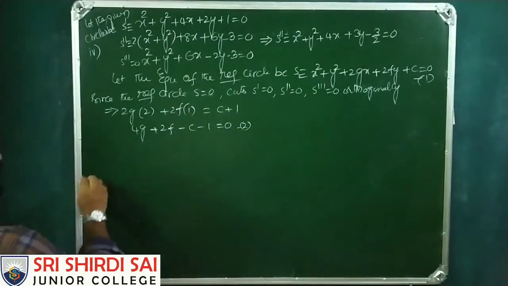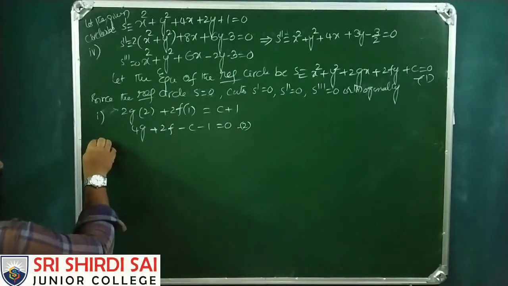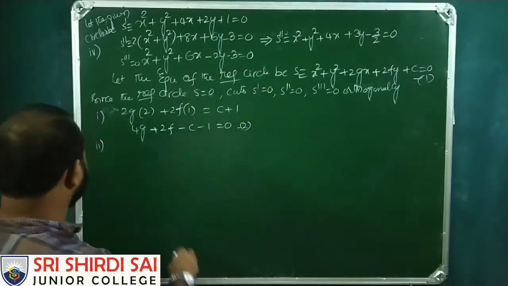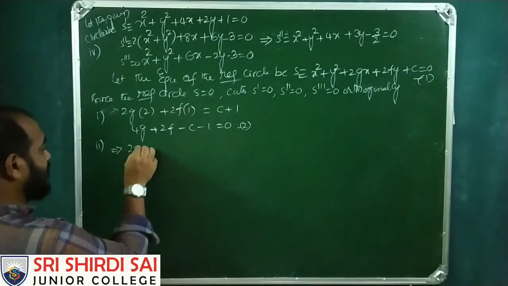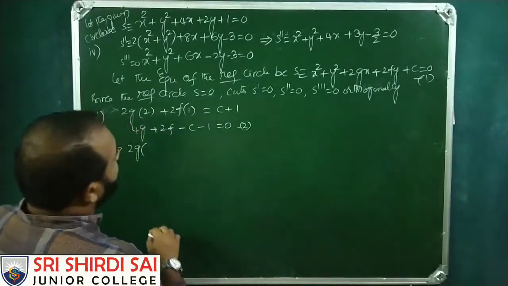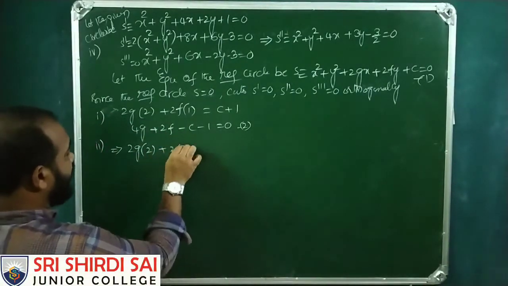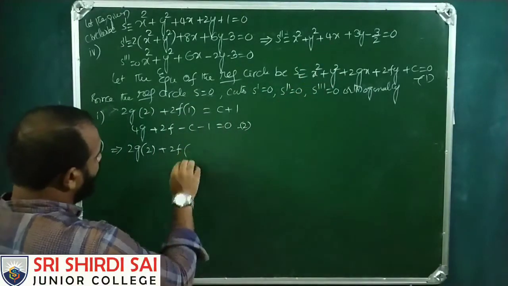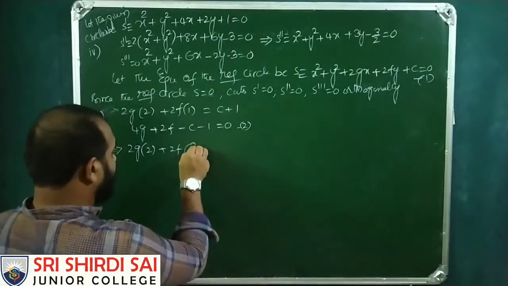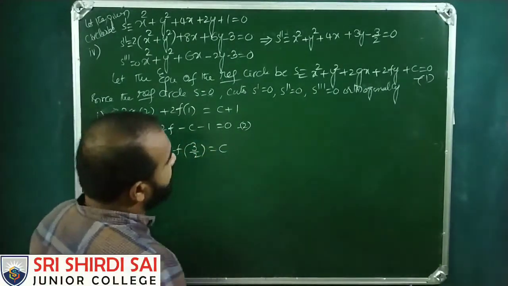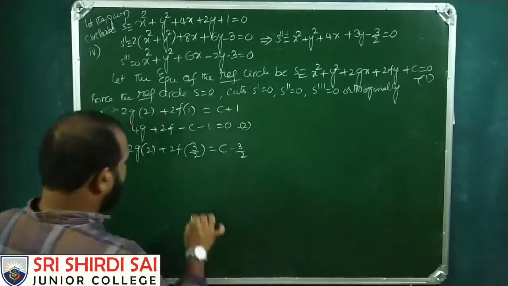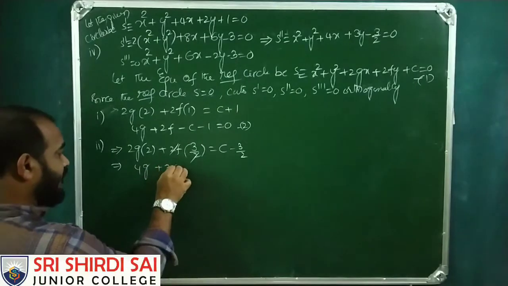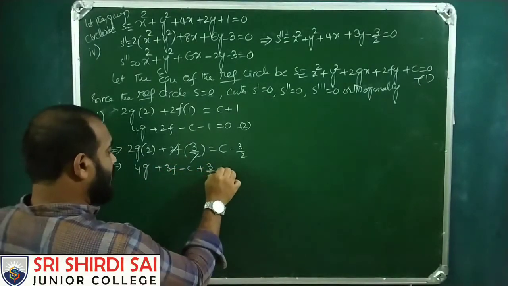So now for this, S equals to 0 cuts S'' equals to 0 orthogonally implies 2g times 4 by 2, that is 2, plus 2f times 3 by 2 is equals to c plus c', which is c minus 3 by 2. The 2 gets cancelled. 4g plus 3f minus c plus 3 by 2 equals to 0. Third equation.